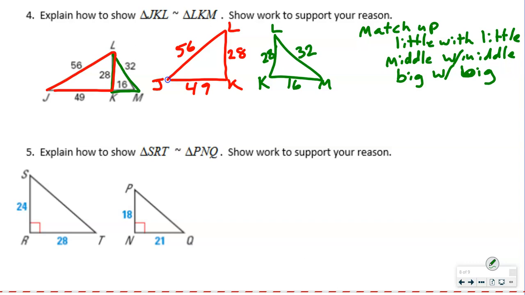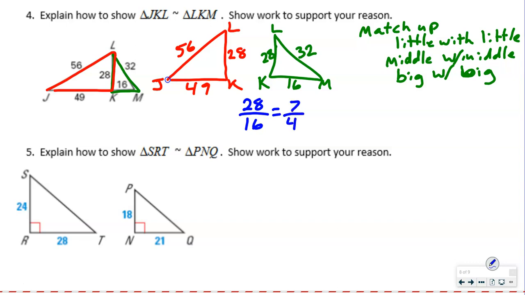So our little sides, let's do that one first. The shortest side in the red is 28. The shortest side on the green is 16. It simplifies down to, let's see, 4 is our greatest common factor, so 7 over 4.